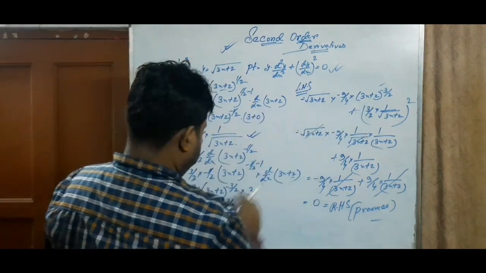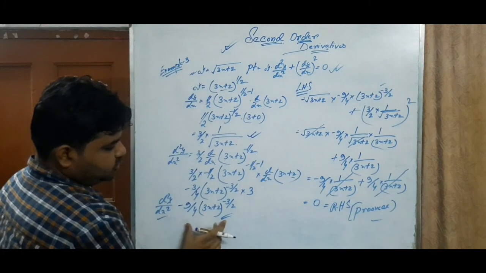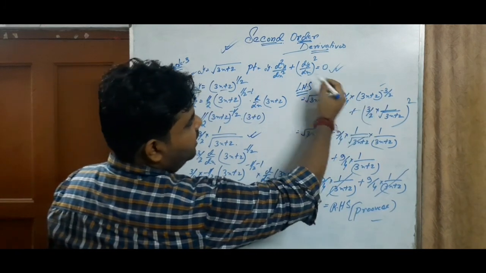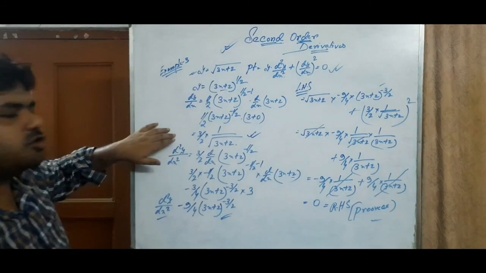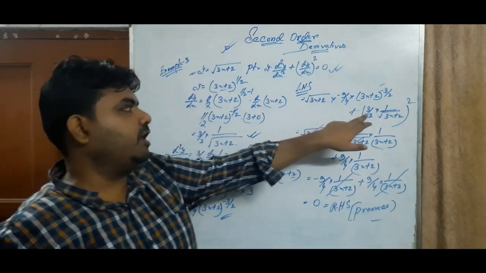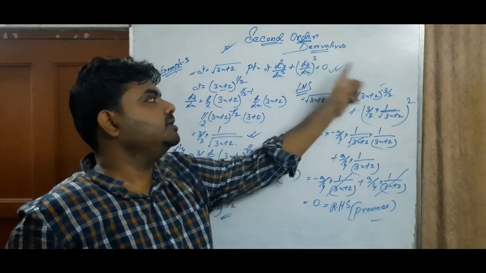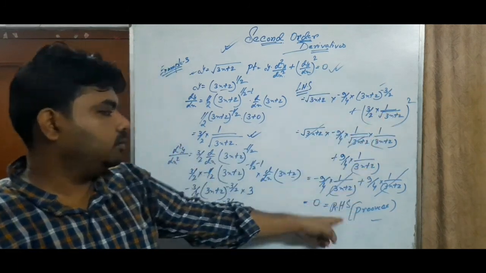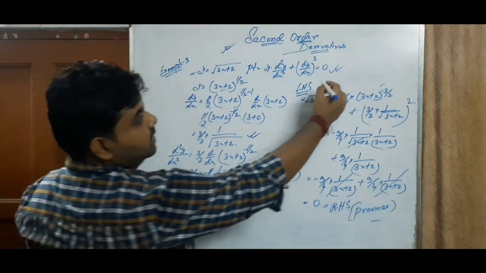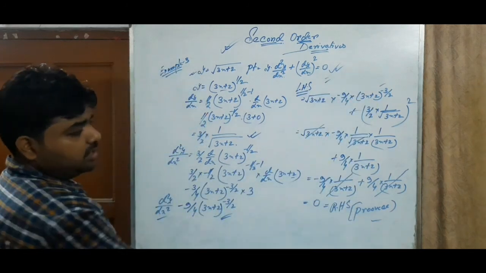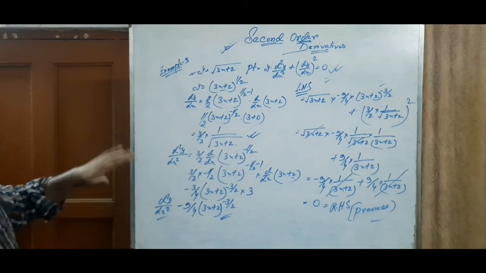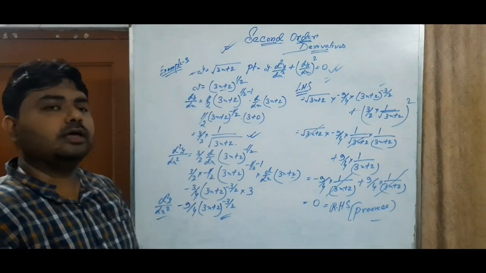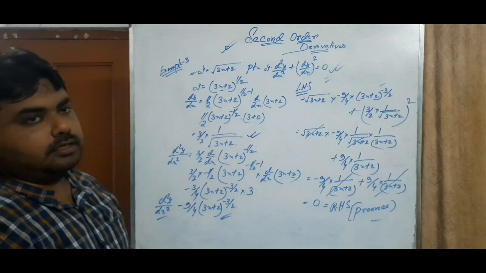Now the value of d2y by dx2 is this, we are substituting the value over here, and dy by dx, that means the first order derivative, we are substituting the value of first order derivative, and that is whole square. Now the answer will be 0. This is how we can prove this type of solution. This is the first method. We are showing the second method, how we can solve these types of sums.